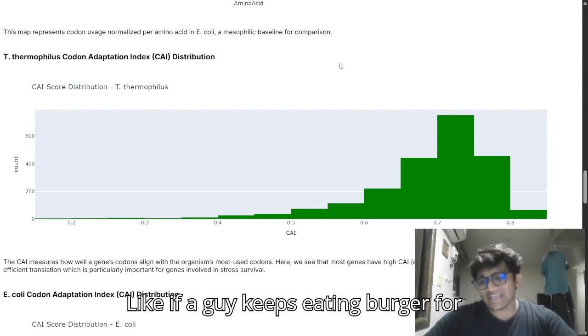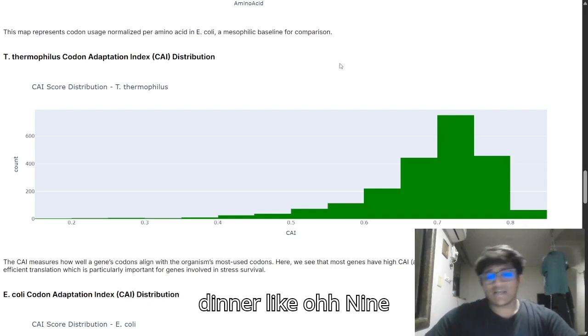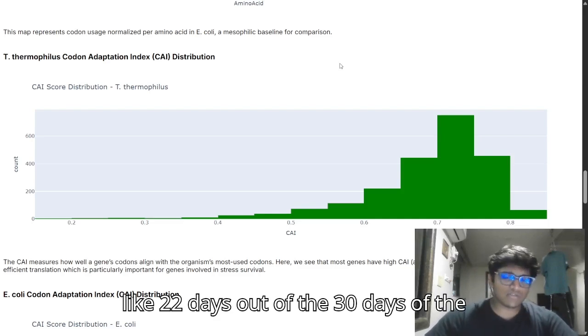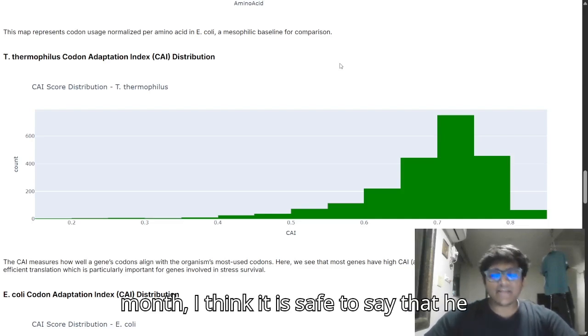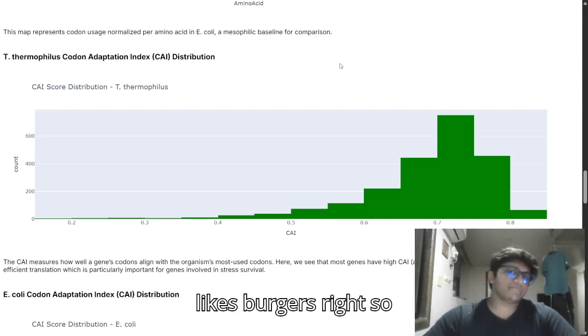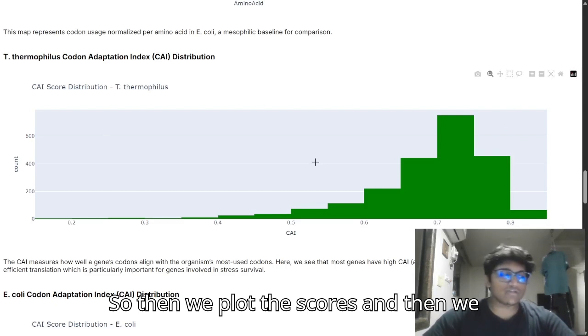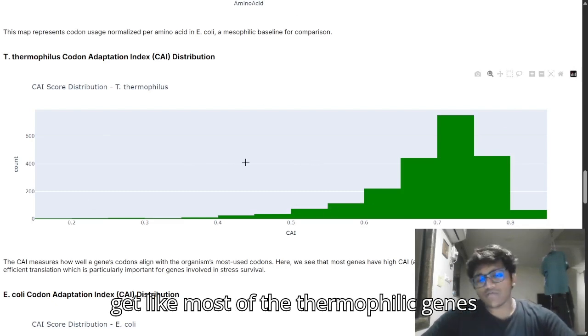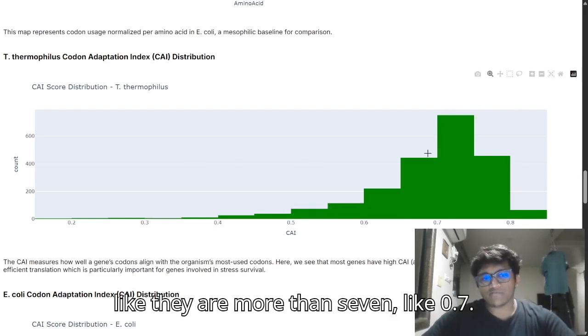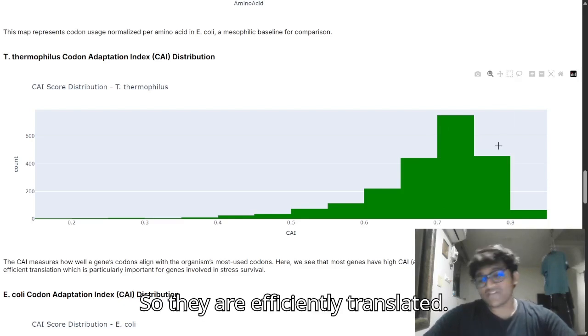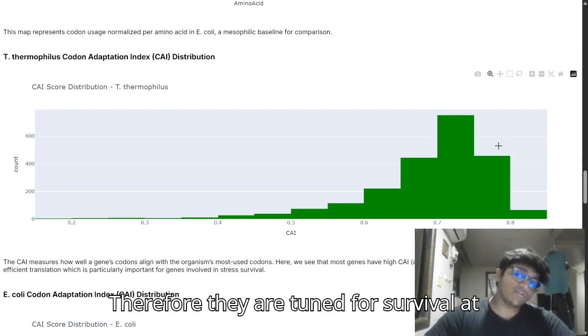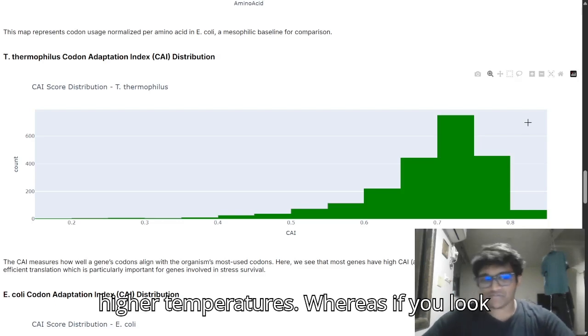Like if a guy keeps eating burgers for dinner 22 days out of the 30 days of the month, I think it is safe to say that he likes burgers, right? So then we plot the scores, and most of the Thermophilus genes are more than 0.7. So they are efficiently translated, and therefore tuned for survival at higher temperatures.